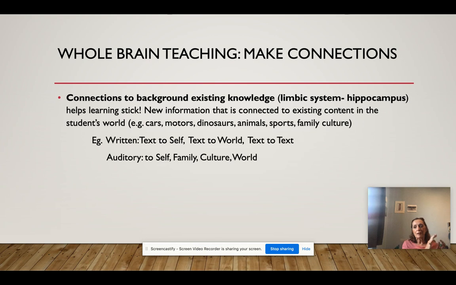So new information is connected to existing content in the student's world.